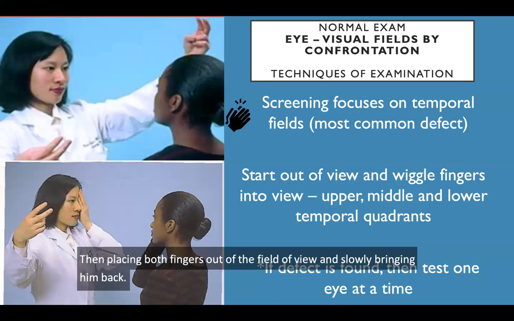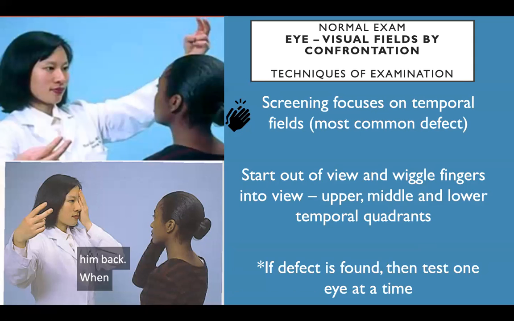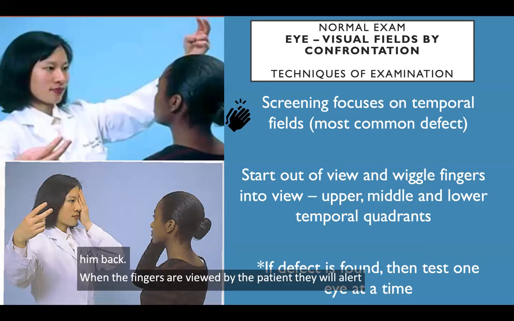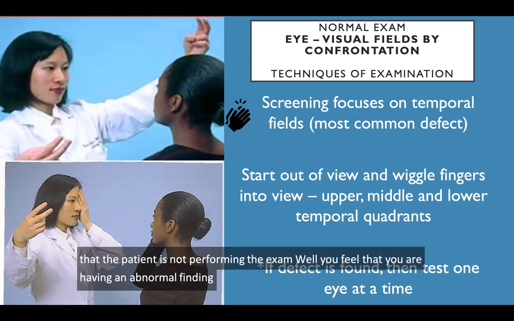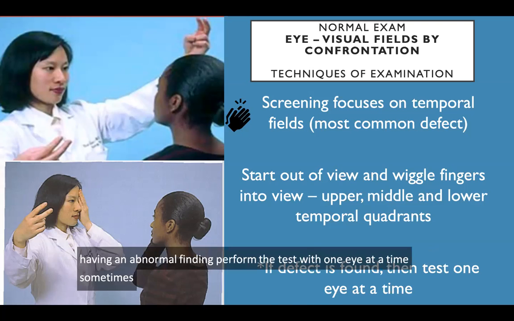When the fingers are viewed by the patient, they will alert you. If you feel that the patient is not performing the exam well, or you're having an abnormal finding, perform the test with one eye at a time. Sometimes it's easier for them to do and can delineate more pathology.